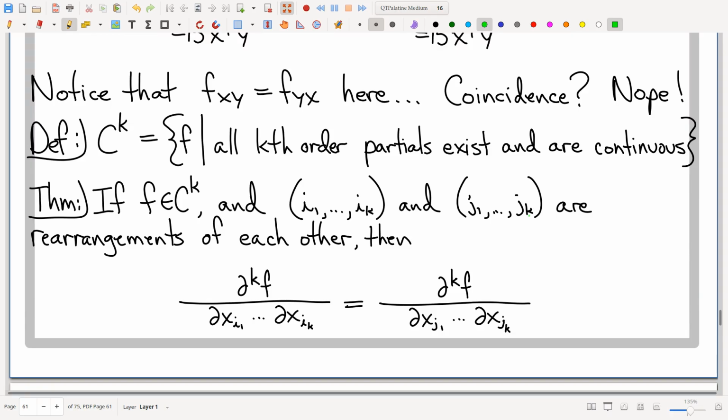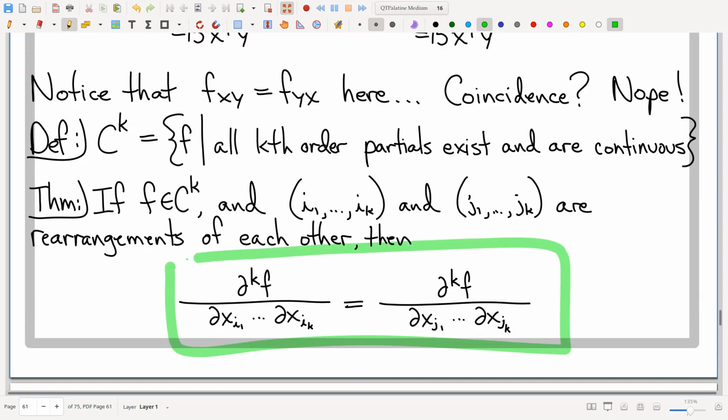And so now what I've written down here is something I wanted to write in a way that's actually kind of precise. The book does too. But all this is saying, look, if you got some function f, and you're going to take various partials, and you want to talk about what if I do those partials in different orders, all the same partials, maybe y before x or x before y, then it's all good.